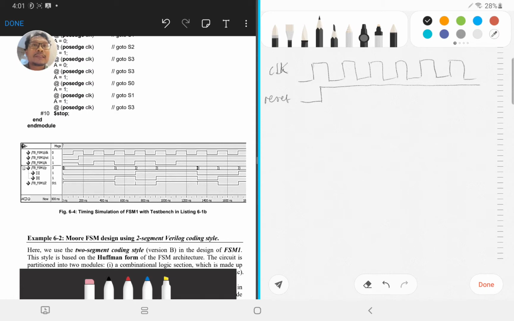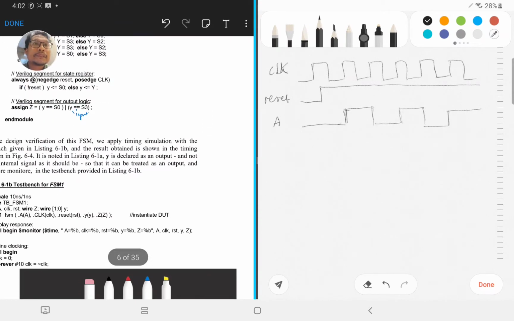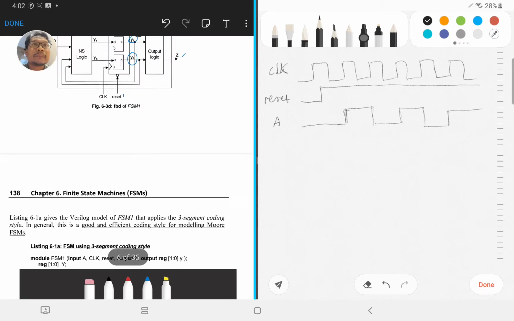And then we have our input A. Our input A is basically going to go 1 after 3 cycles, like that, for 1 clock. Something like that.